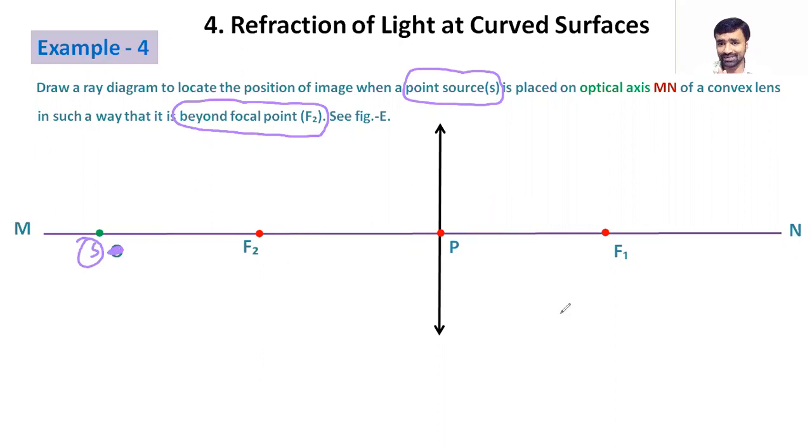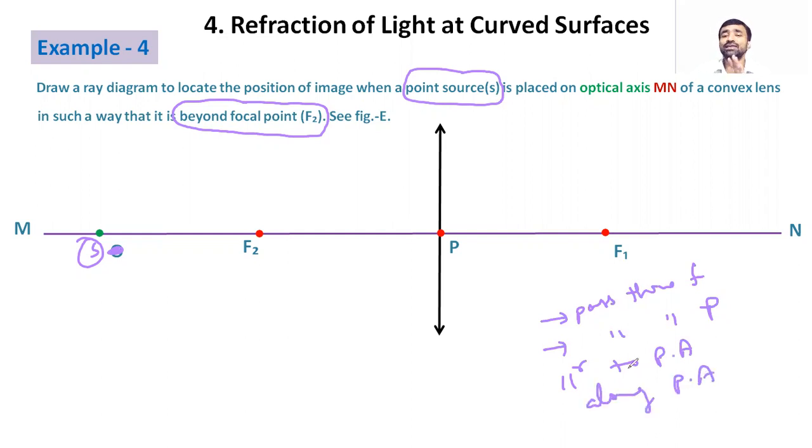One is passing through F. One is passing through the optic center. One is parallel to the principal axis, and the other is along the principal axis. So how many of these situations help you here? Which situation can you consider in this case? Anybody?